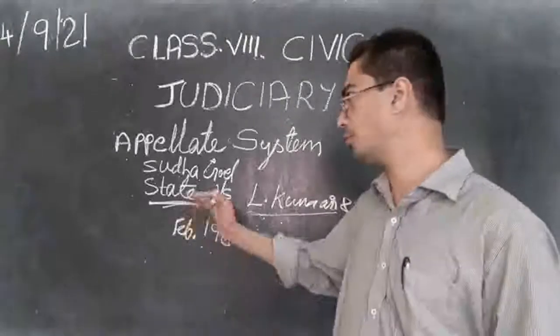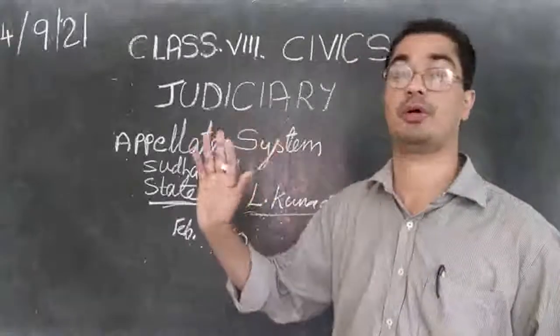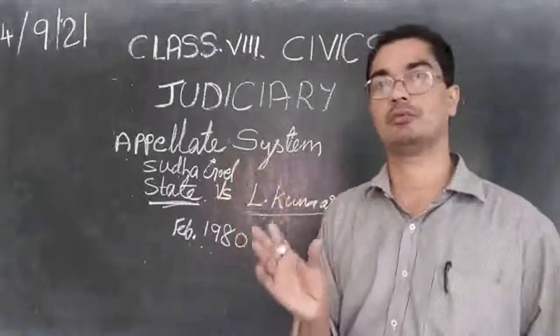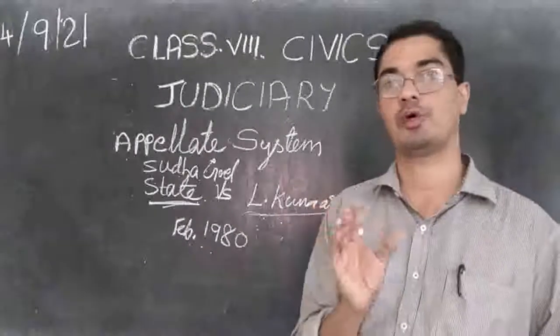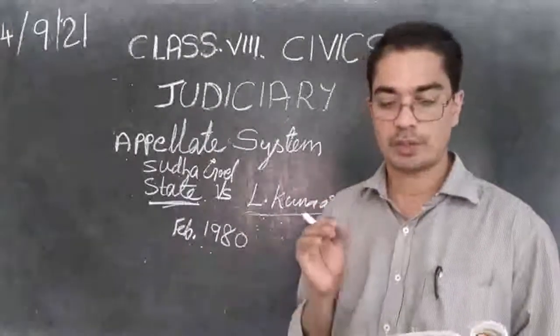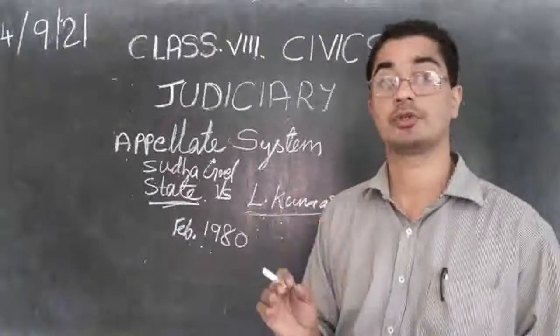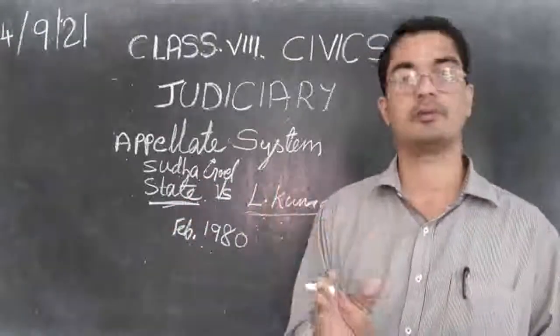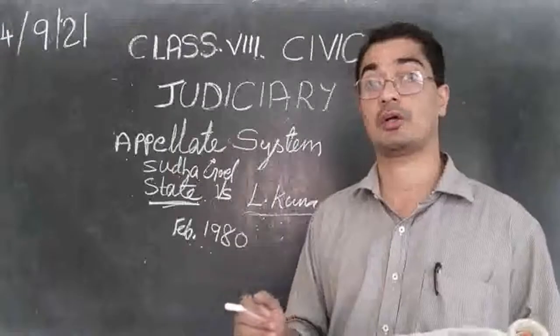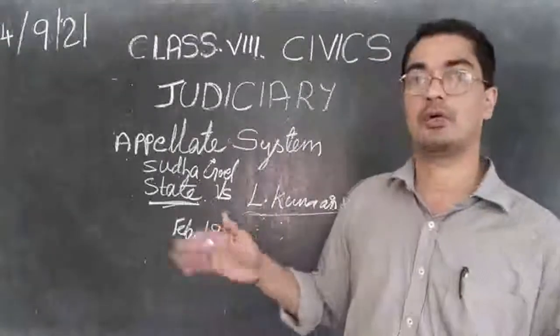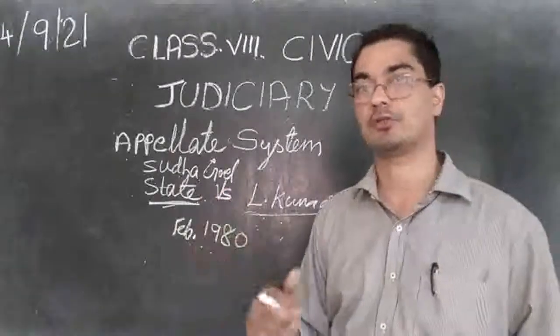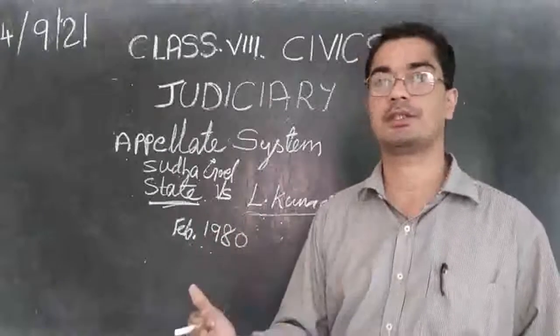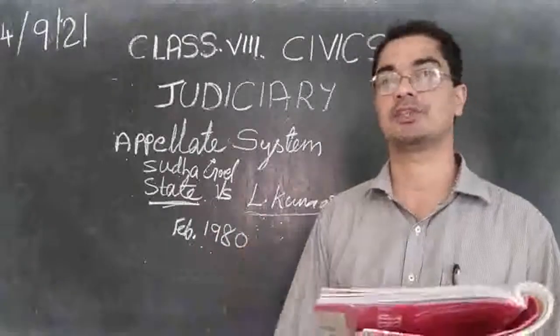Again the same process will be done in the Supreme Court. They will hear the arguments of both parties, and then the Supreme Court will take a decision. So the High Court said they are free, they have not done any mistake. But the Supreme Court took another decision. Let us see what decision the Supreme Court took.